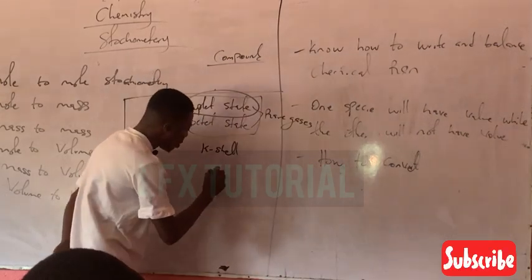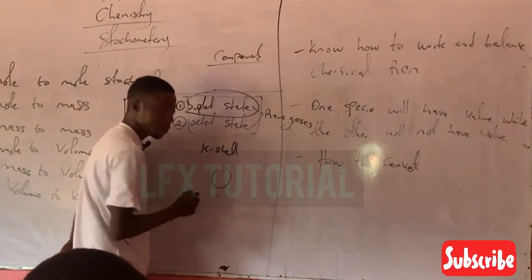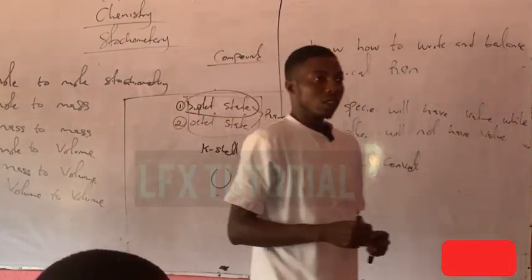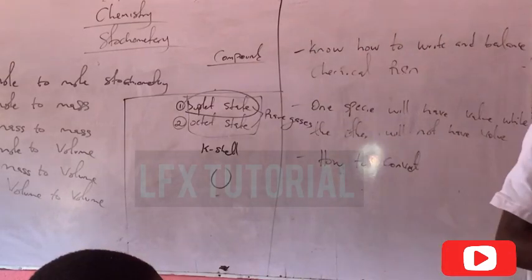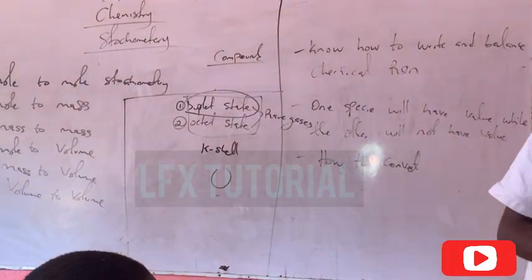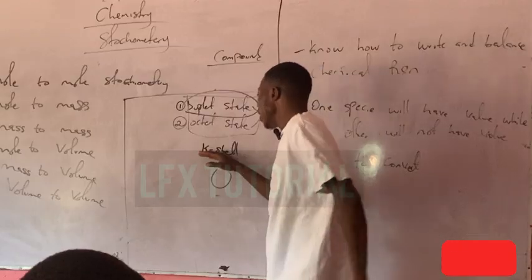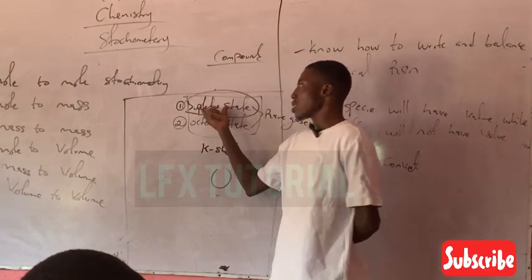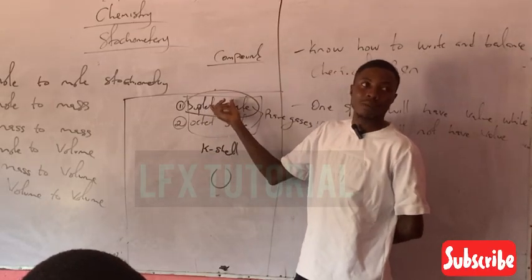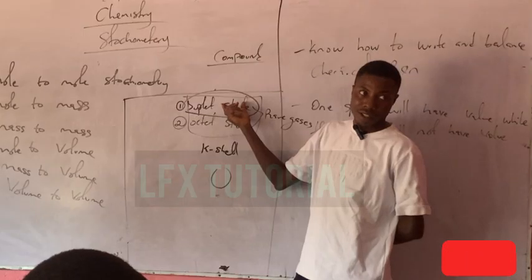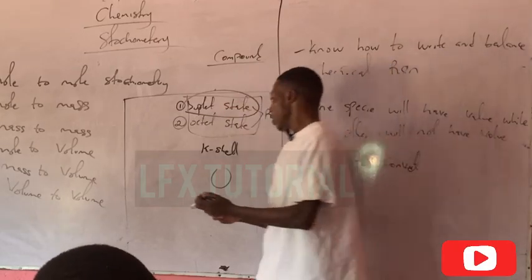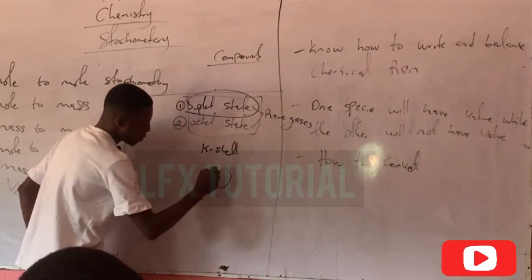And in the K shell, every element that has K shell, do you understand now? All of them, for them to be stable, they have to be in duplex states. So K shell is the first shell.